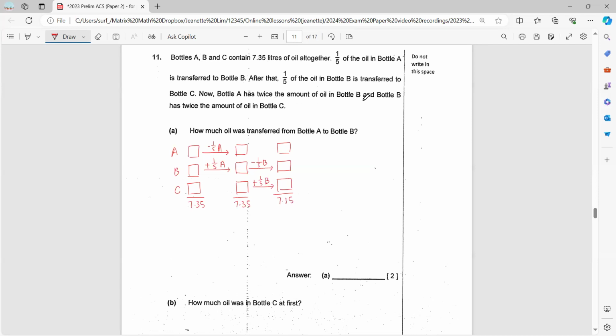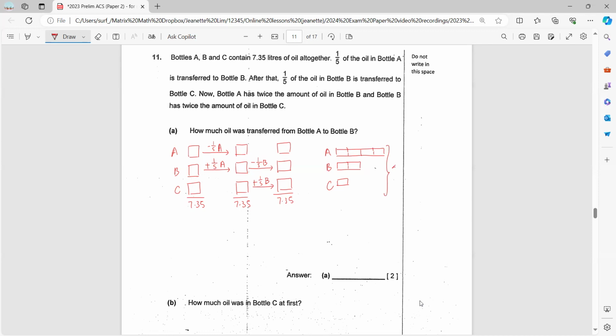Now A has twice of B, B has twice of C. So that's to describe in the end how this 7.35 is being distributed. Not equally, but let's draw a quick model. A is twice of B. And B is twice of C. So this is what the model will look like.